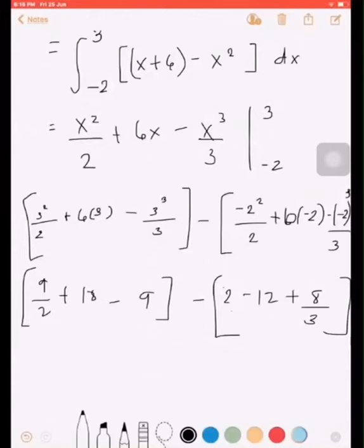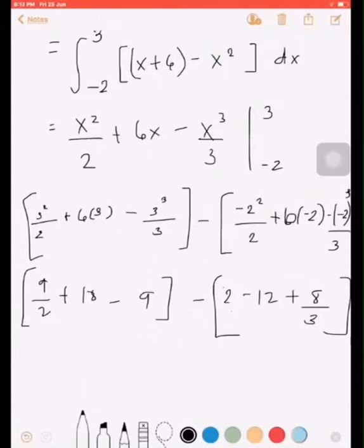Now let's put it on the calculator. 9 over 2 plus 18 minus 9, minus 2 minus 12 plus 8 over 3.